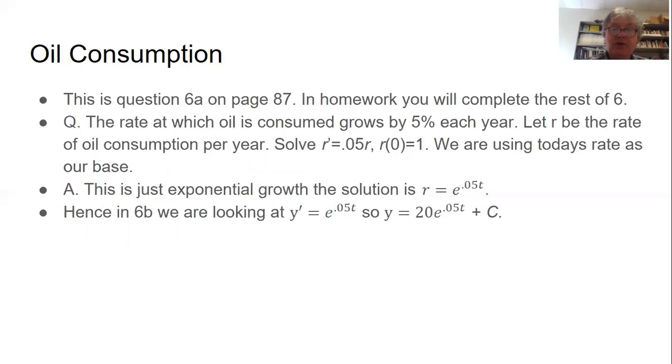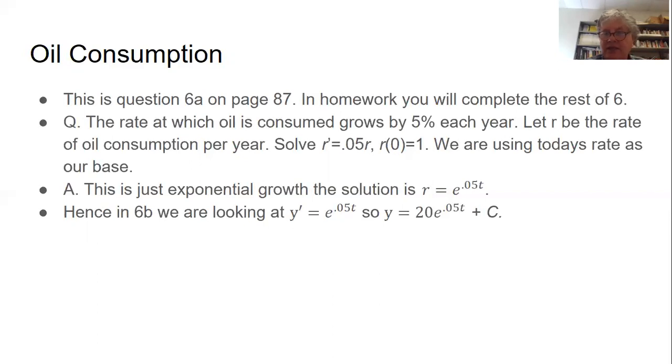If it grows by 5% per year, that's constant per capita growth. So that means we have the differential equation R prime equals 0.05 R. We'll let R0 be 1, so we're just using today's rate of oil consumption as the base. Like if R equals 2, that means we're using twice as much oil as we're using today.